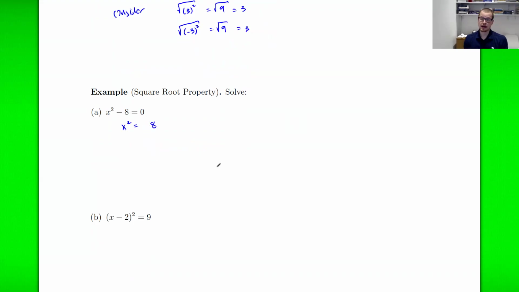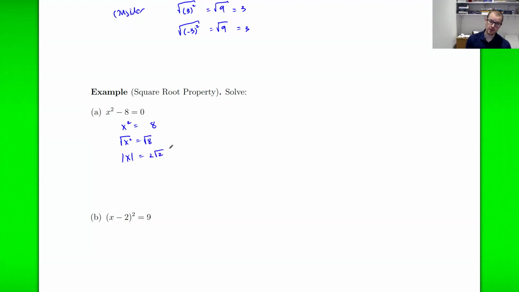Once I have x squared alone, I can square root both sides. The square root of x squared gives us the absolute value of x. If we want to simplify the square root of 8, we can do so, and we should, which results in 2 times the square root of 2.